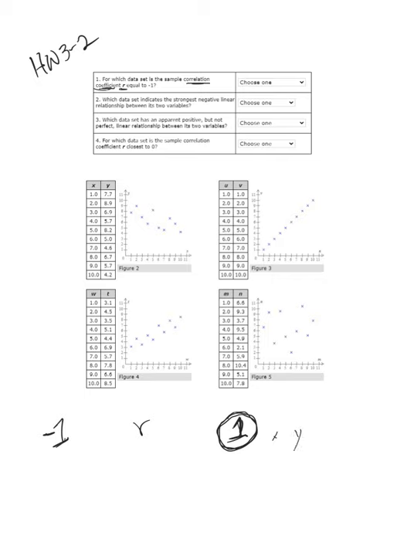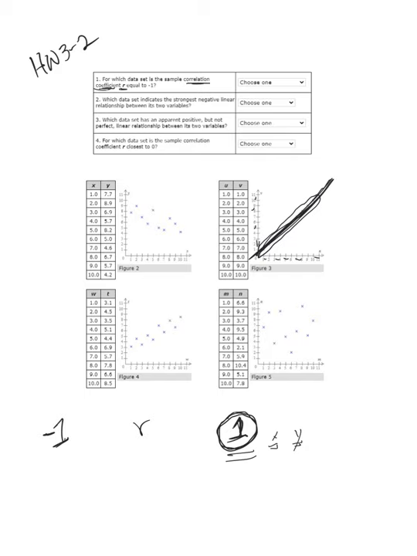So as x is getting bigger, so are the y values. Like in this situation right here, see how perfectly x's are getting bigger, y's are getting bigger. It's a positive slope. I could draw one line through all of these points. That has an R value of 1.